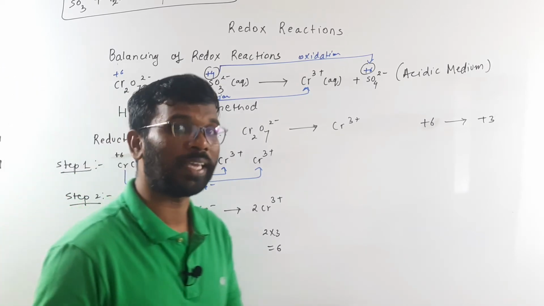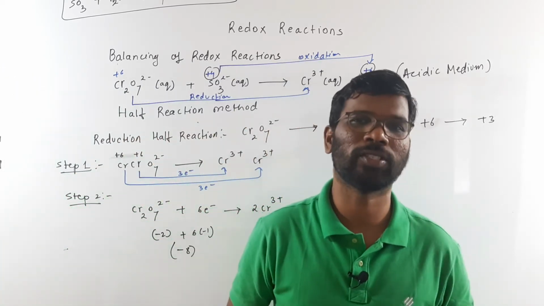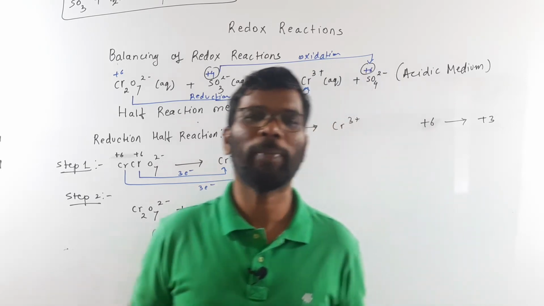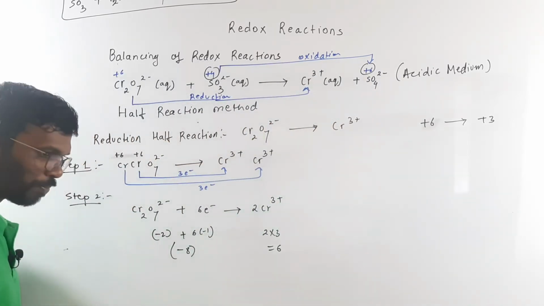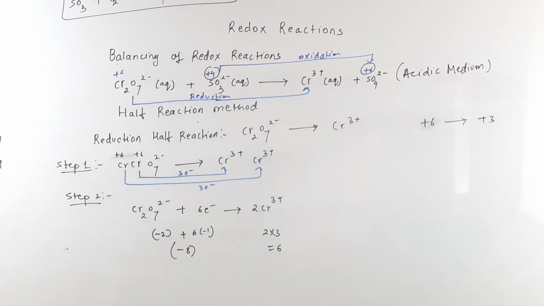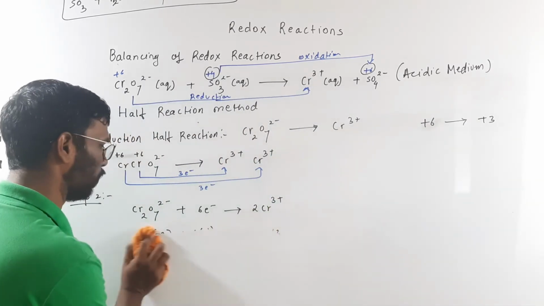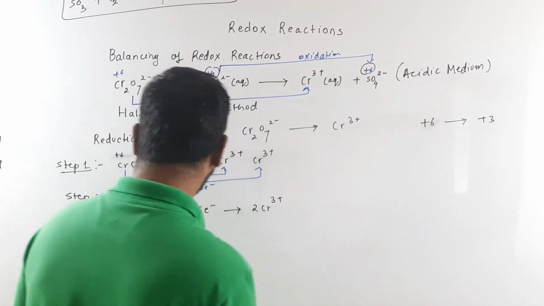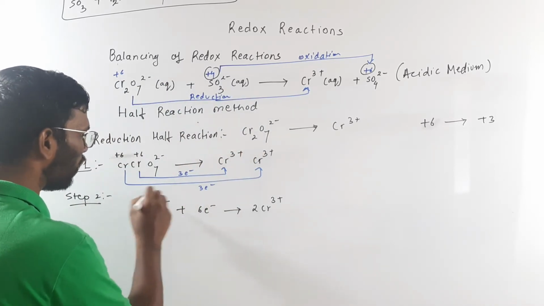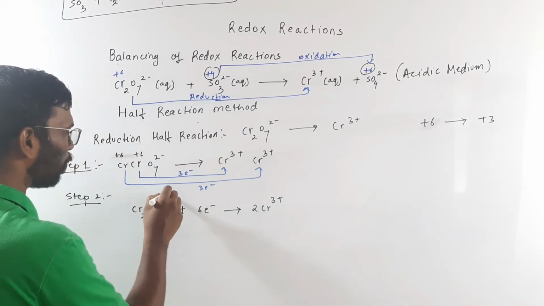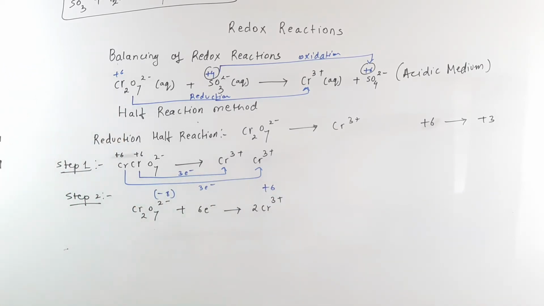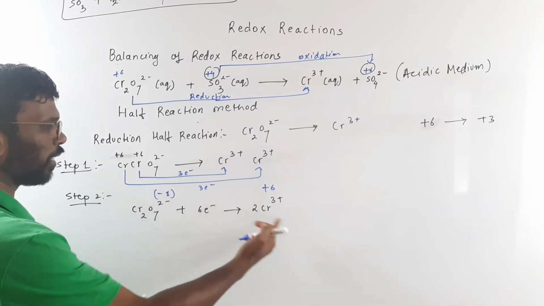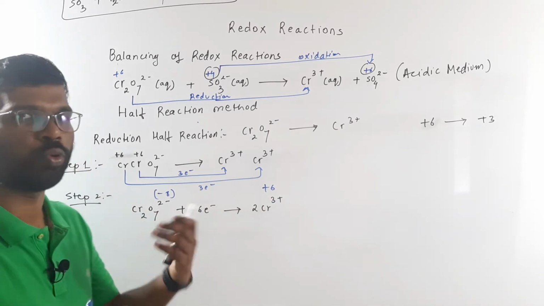So if this is the case, then how many hydrogens? It is in acidic medium. You have to balance the charge by putting hydrogen. Which side will you add? The overall charge on the reactant side is -8 and here it is +6. To balance the charge, to make it equal, you don't have any other option.